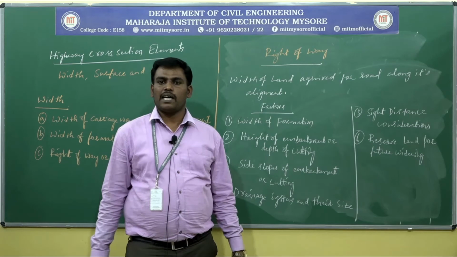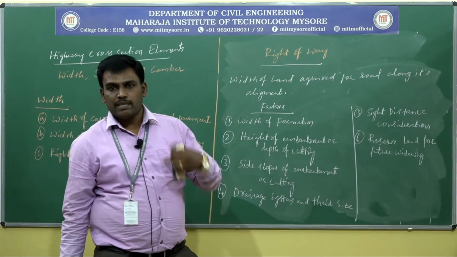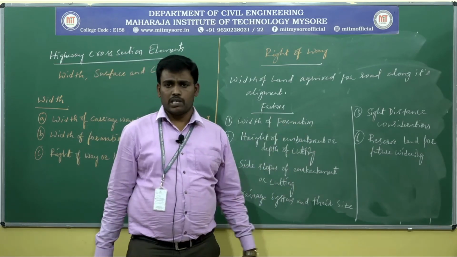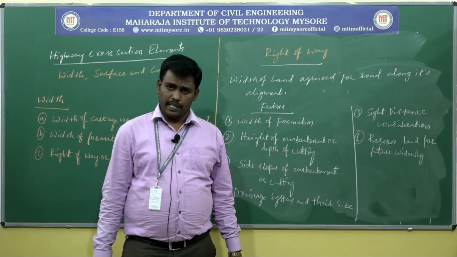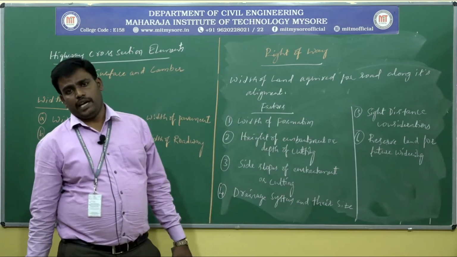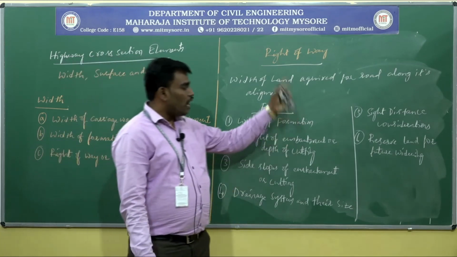In future there may be a possibility of widening the road for the expected, anticipated traffic. If that is the case, we have to reserve the land for future widening. These are the factors which control the right of way, or land width.